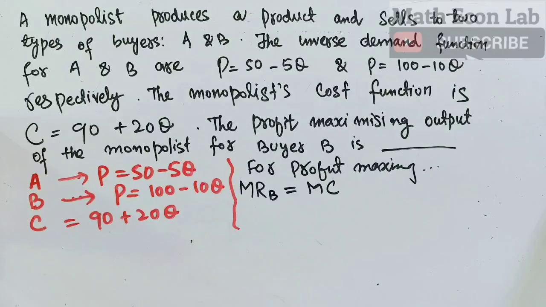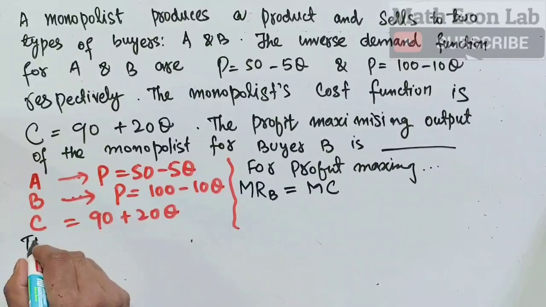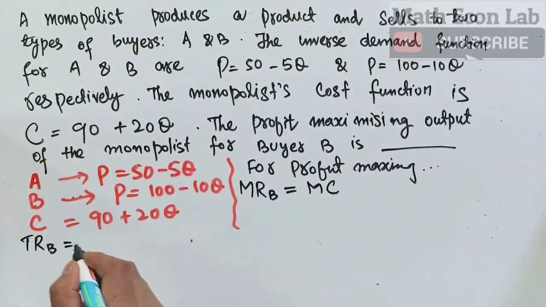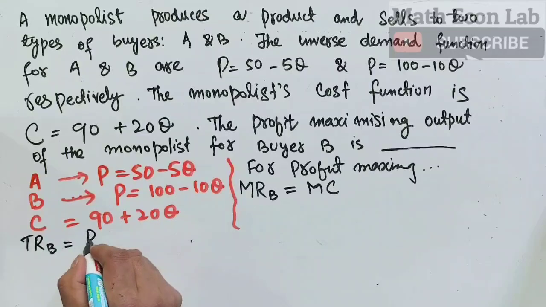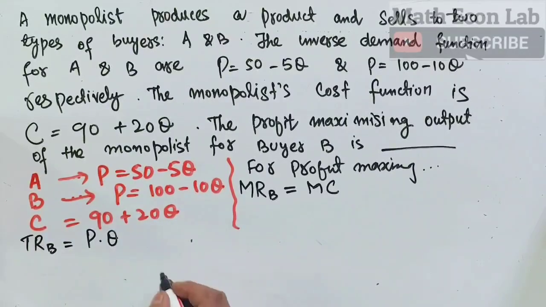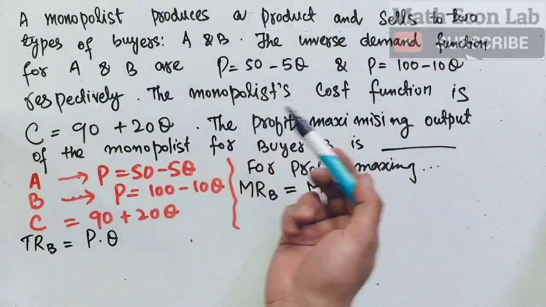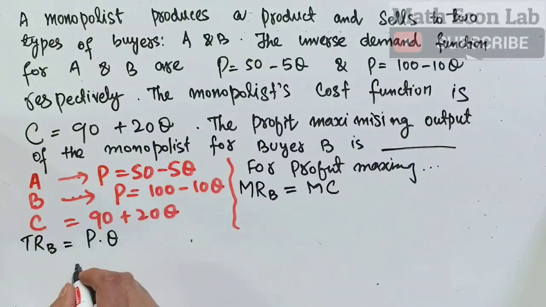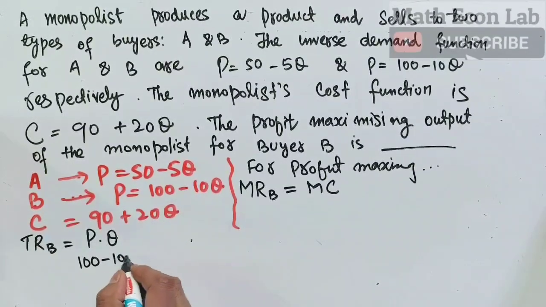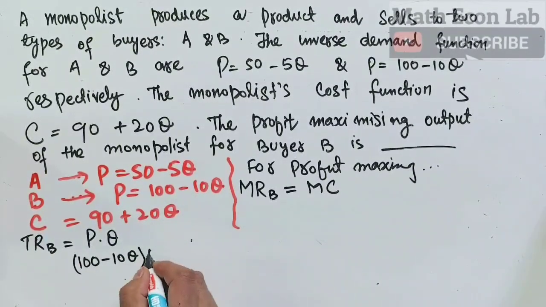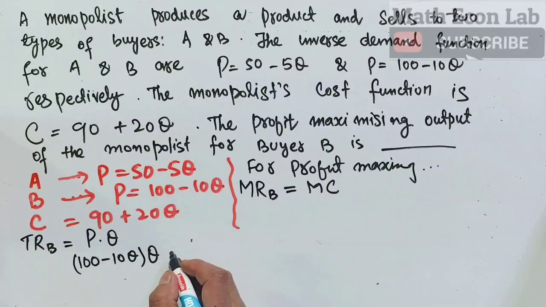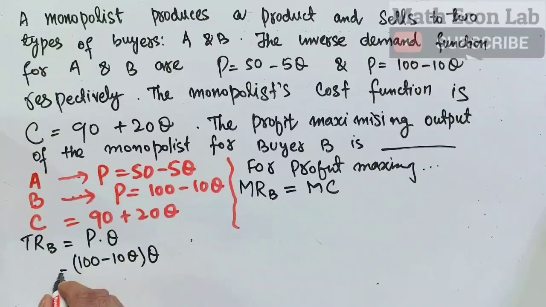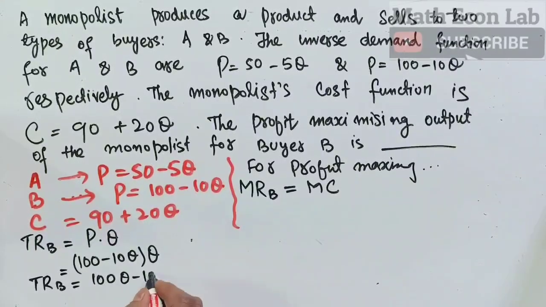First we need to find the total revenue for buyer B. So total revenue will be P into Q. P is given for buyer B as 100 minus 10Q, and we multiply this by Q. So total revenue for buyer B will be equal to 100Q minus 10Q square.